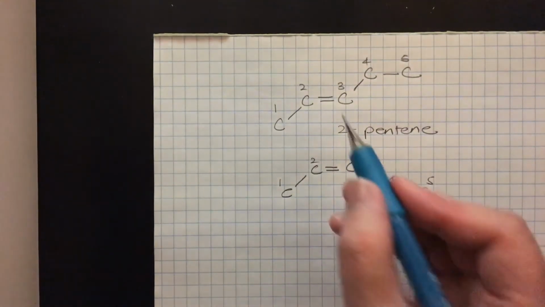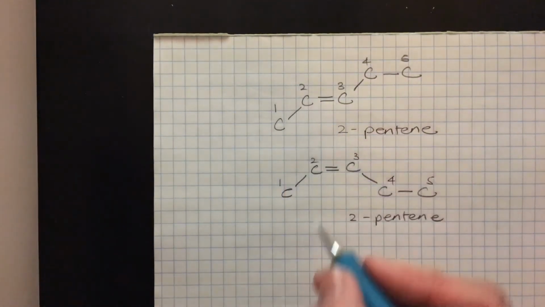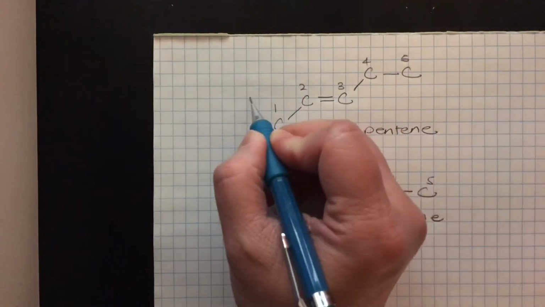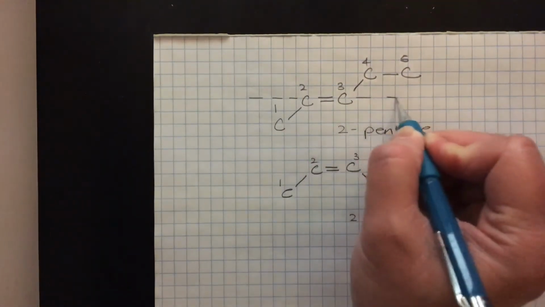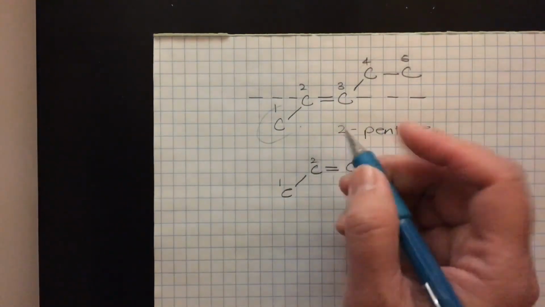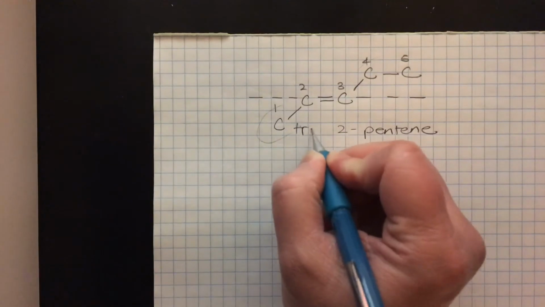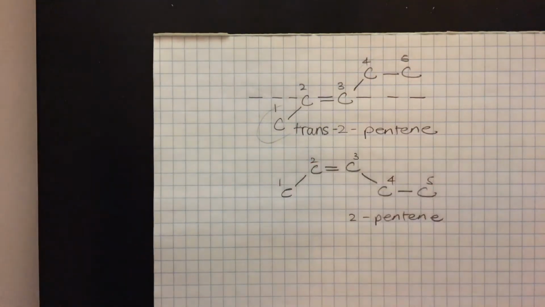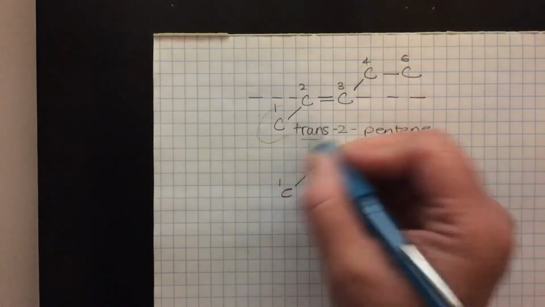In this case, we actually have another indicator. If I was to draw a plane over here, this main chain and this main chain are on opposite sides. So I would use the term trans. Trans means opposite.